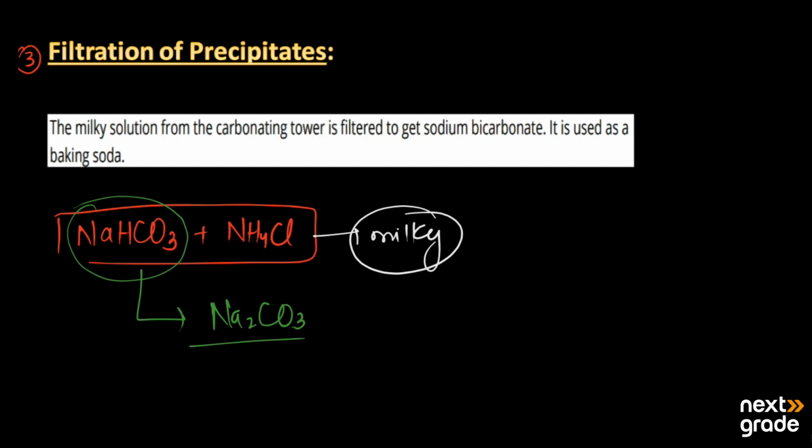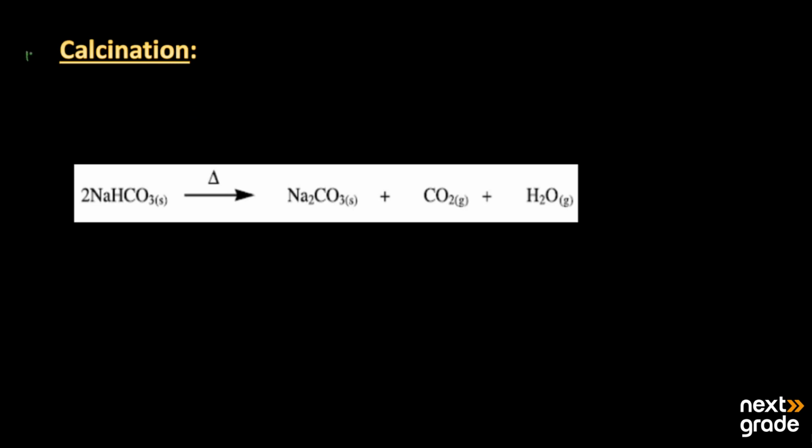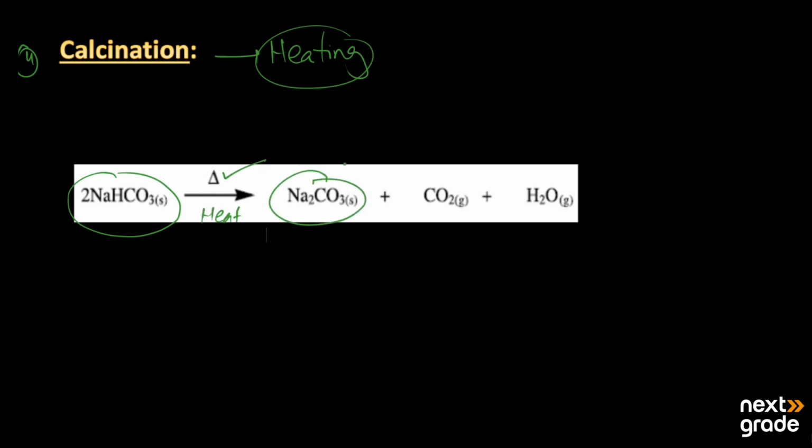After the third step, we have the fourth step, which is known as calcination. In calcination, we have to heat the sodium bicarbonate. In this heating process, the sodium bicarbonate changes into sodium carbonate along with the production of two products, carbon dioxide and water.